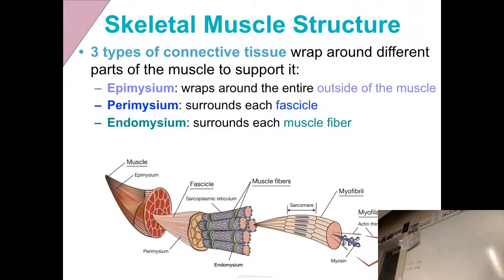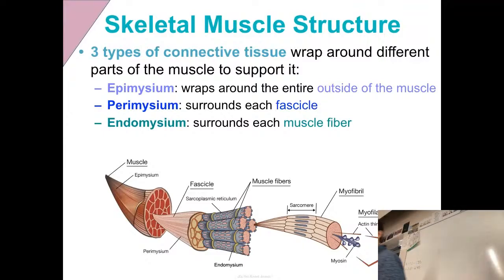Three different coverings for each of the three different structural units of the muscle. Endo means inside. This is the most inner covering, on the muscle fibers. On the next level, you have peri, which means outside, like the periscope of a submarine. And on the very edge, you have the epimysium.